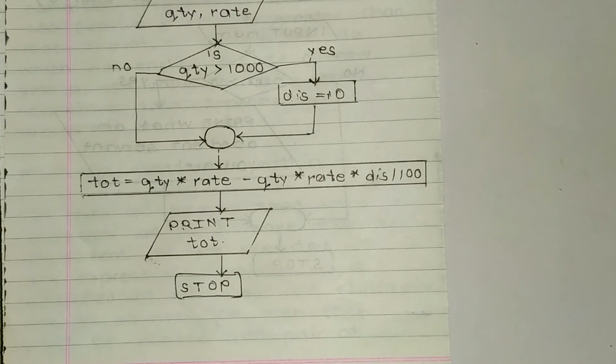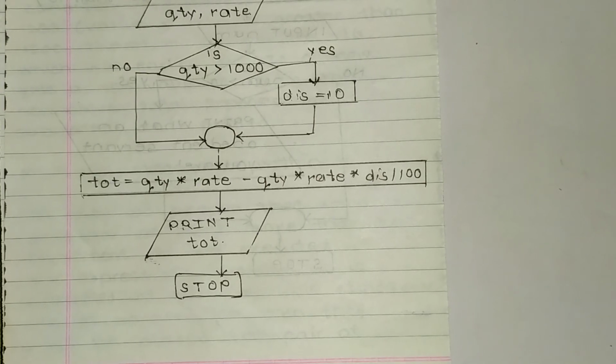So this was the formula for calculating total price. After this operation is performed, the arrow is pointing toward print, that is print tot, that means we are printing total. Now the arrow is pointing towards stop.